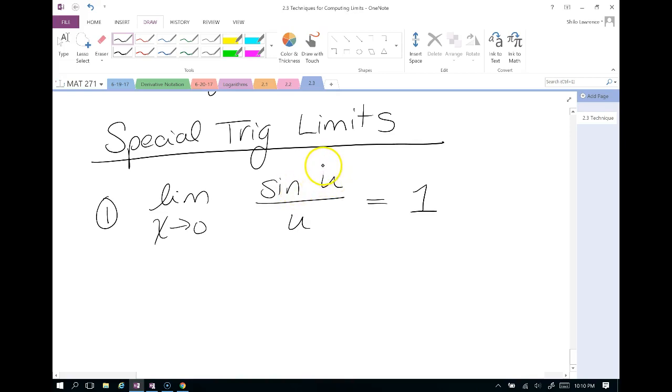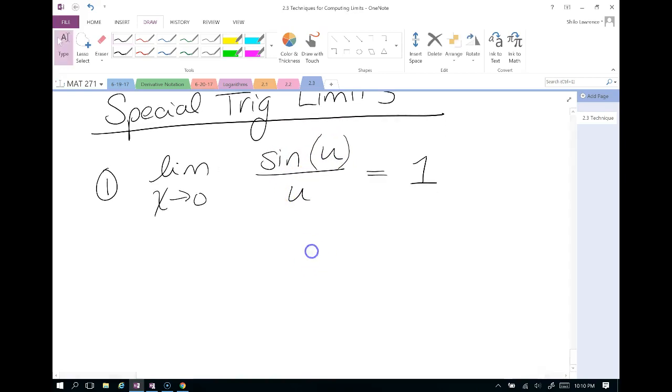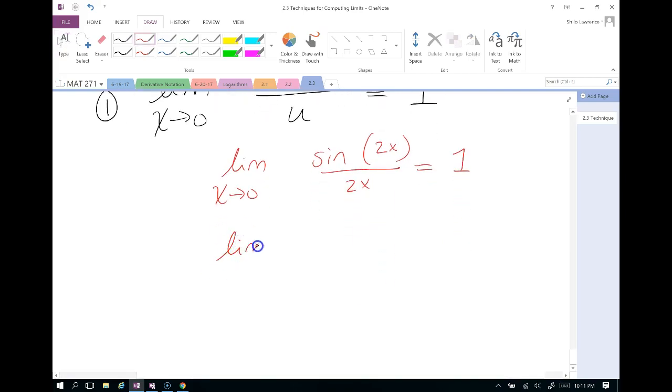And as long as what's inside of your sine function matches the denominator, the answer will be 1. So an example of this would be the limit as x approaches 0 for the sine of 2x over 2x. As long as the angle matches the denominator, the answer is 1. Or the limit as x approaches 0 for the sine of x cubed minus 5 over x cubed minus 5 equals 1. As long as the angle matches the denominator, the answer is 1.